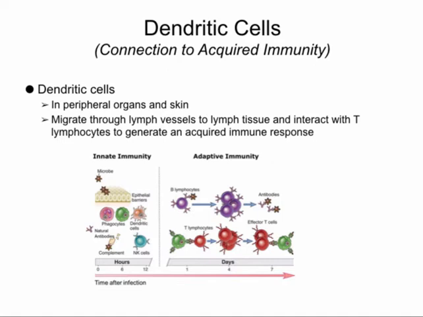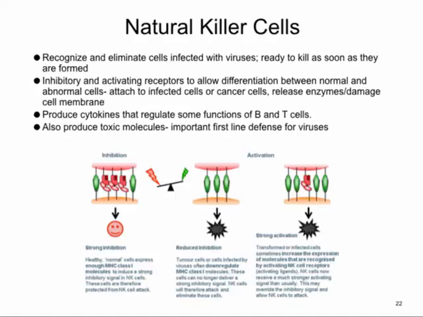They migrate from your organs and your skin through your lymphatic vessels and lymphatic tissue and interact with T lymphocytes, which we'll talk about in the second lecture. But that's essentially what presents it and then stimulates that acquired immune response. Once again, I just put that image down there, with innate versus adaptive immunity.